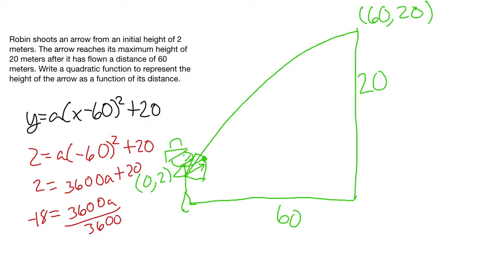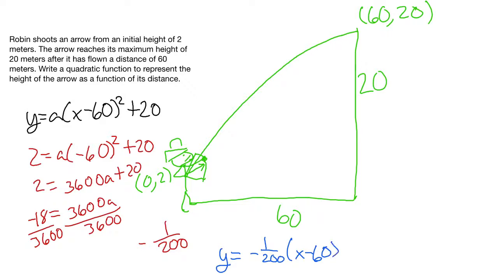Divide 3,600 on both sides, and that becomes negative 1 over 200, meaning our final equation is y equals negative 1 over 200 times (x minus 60) squared plus 20.